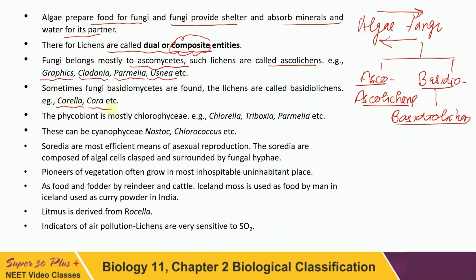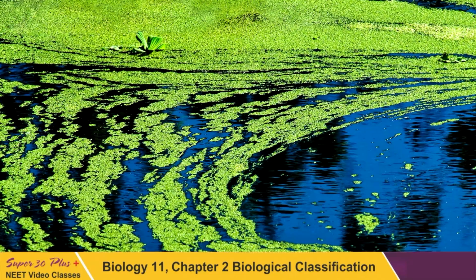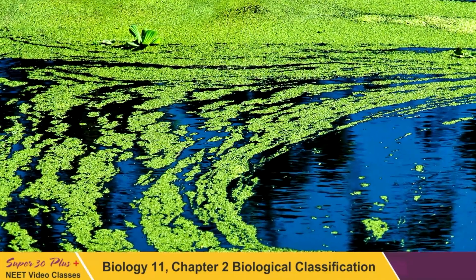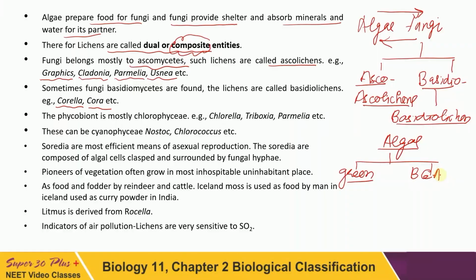In the same way, if we see the algal partner of lichens, the algae may be from green algae, or it may be blue-green algae. The phycobiont mostly belongs to green algae, that is Chlorophyceae, and some typical members are Chlorella, Trebouxia, Parmelia.